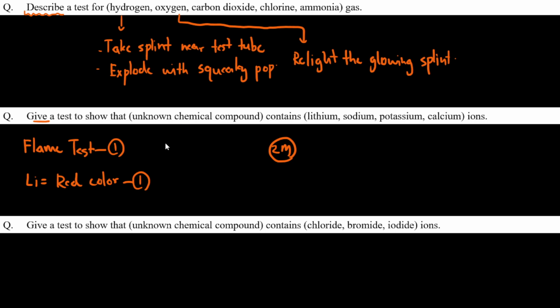Third question, give a test to show that your unknown chemical compound contains chloride, bromide, or iodide ions. When these questions show up, note that these are negative ions, Cl minus, Br minus, I minus. The test that you're going to do is first add dilute nitric acid to your unknown chemical compound.